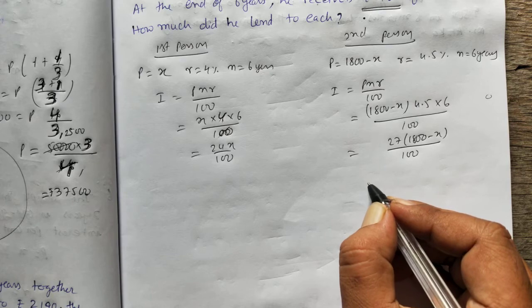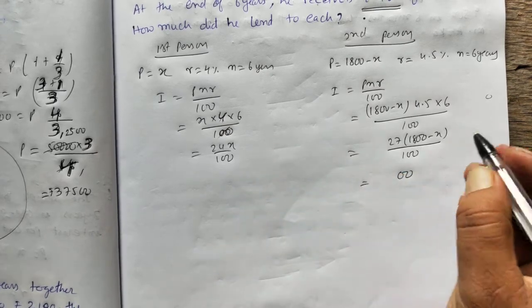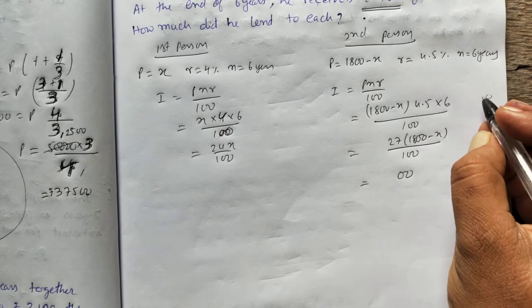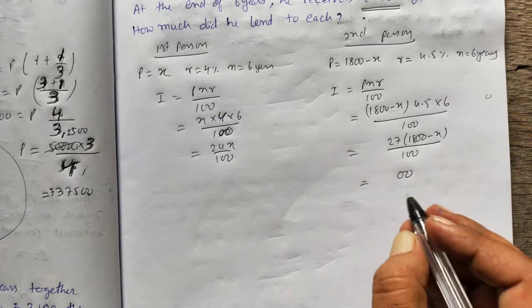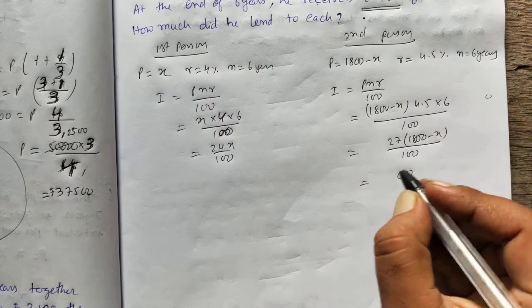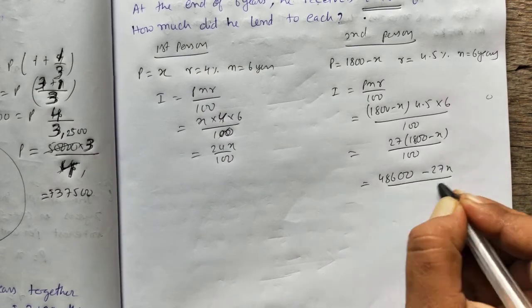So multiply this, 0, 0, 27 and 18, 48600 minus 27x by 100.